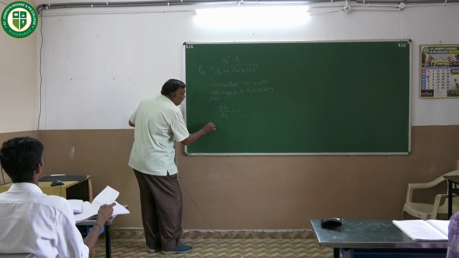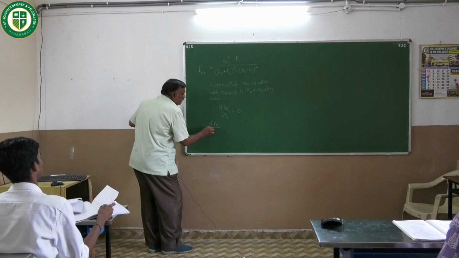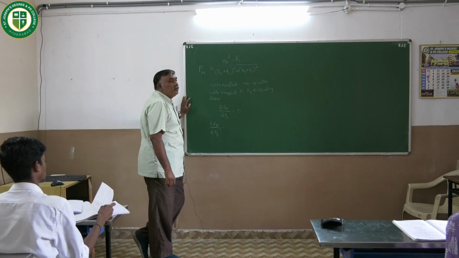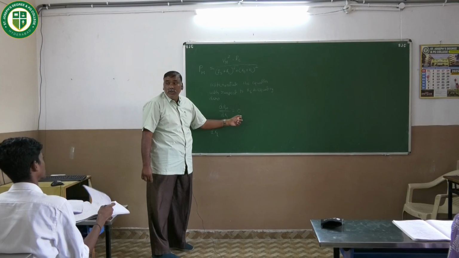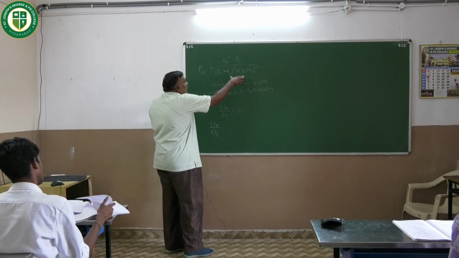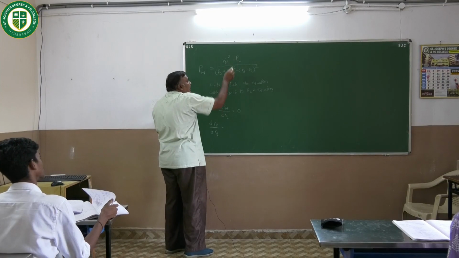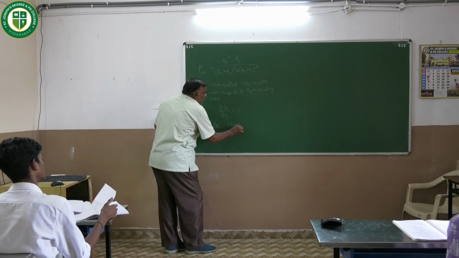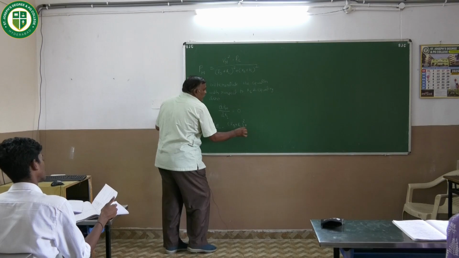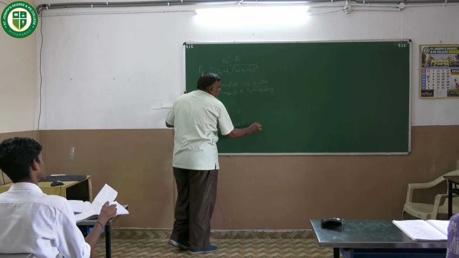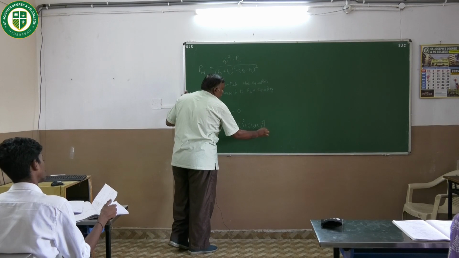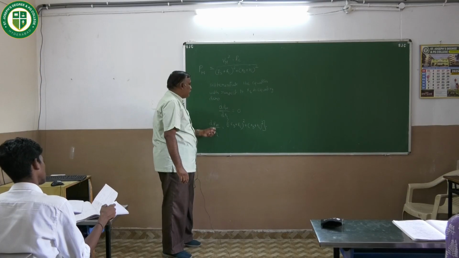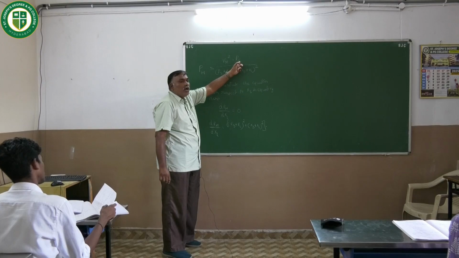So dPm by dXL is equal to v into u dash. What is v? The denominator is v and the upper one is u. So v is (Rs plus RL) whole square plus (XS plus XL) whole square, into d by dXL of Vm square into RL.